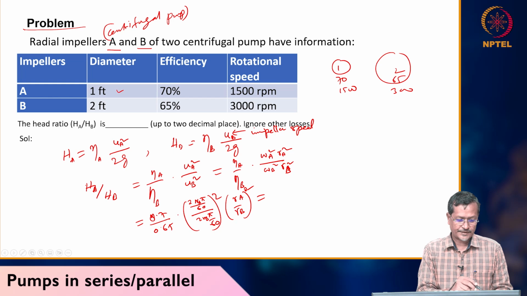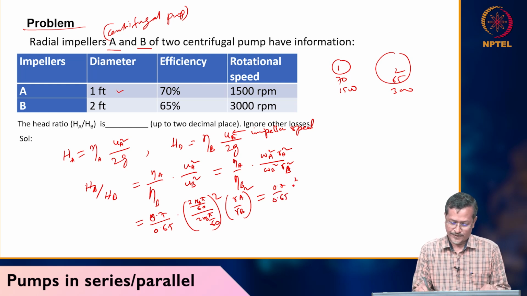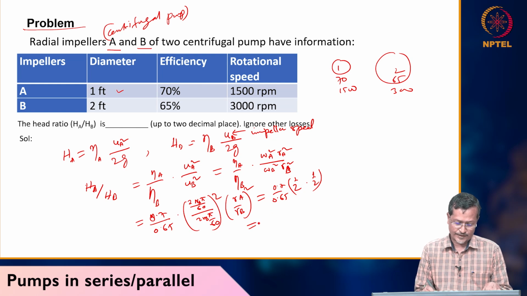RA by RB is given, A is 1 and B is 2. So this gives 0.7 by 0.65 times (1 by 2) squared times (1 by 2) squared. Finally we are getting 0.067. This is the answer.